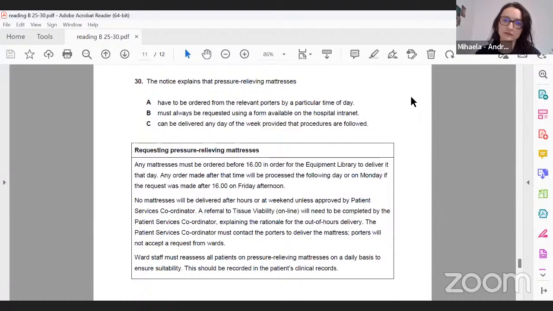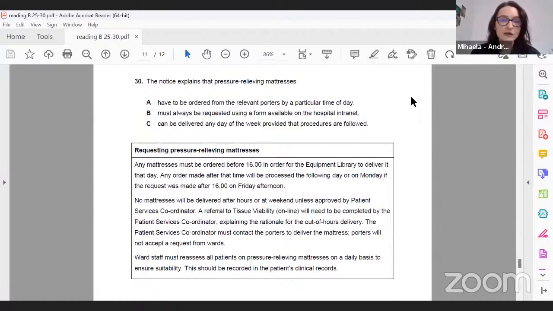C can be eliminated. I think it can be any day of the week, provided. I think it's B.